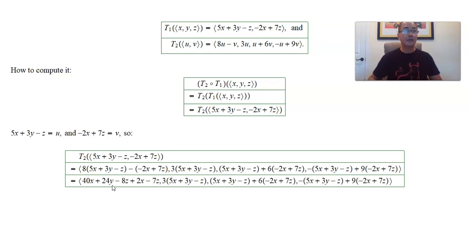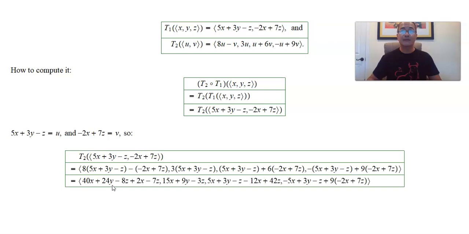So all of that is in the first component. Next, 3 times 5, 15x. 3 times 3, 9y. 3 times negative 1, minus 3. Next, as I said, we did not really need those parentheses, so we'll just remove them. 6 times negative 2, so minus 12x. 6 times 7 is 42z.